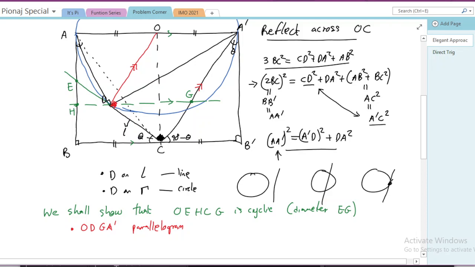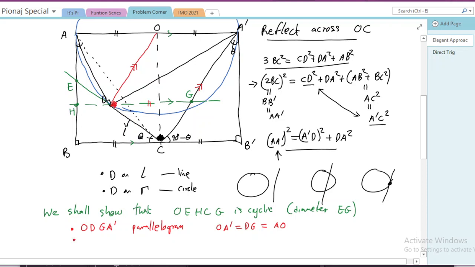Okay, so not just that, but at the same time it means that OA will be equal to DG, opposite sides of a parallelogram. And OA itself is equal to OA prime, rather, is equal to AO. So that means we also have this parallel: OA is parallel with DG and they're equal in length, so that's also another parallelogram.